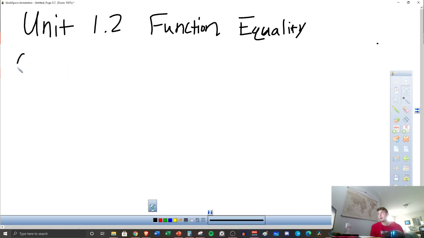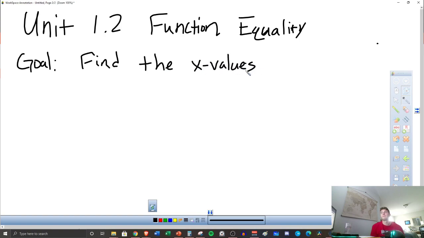So first off, we're going to write our goal. If I ask you a question and say, hey, I want to know when these functions are equal to each other, your goal should be to find the x values. I'm going to underline that, you should too: find the x values. That's what you want. Your answer, they're x values.